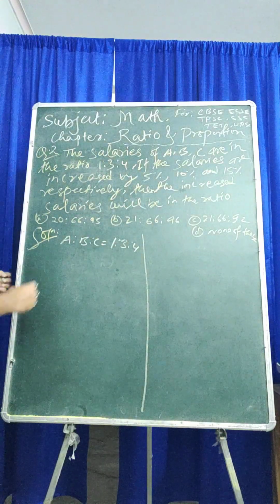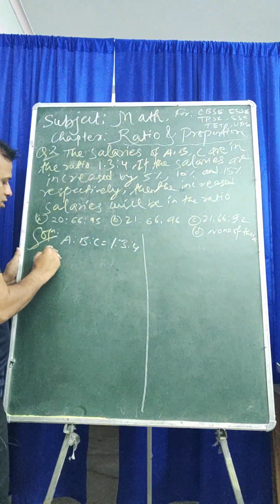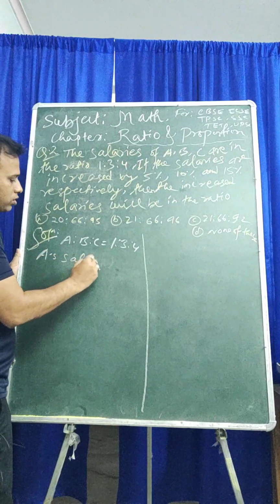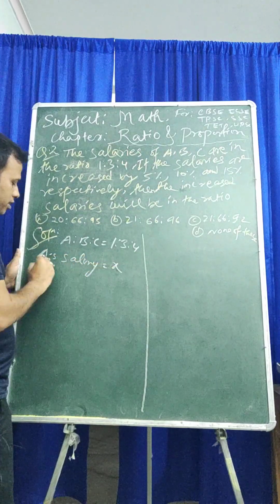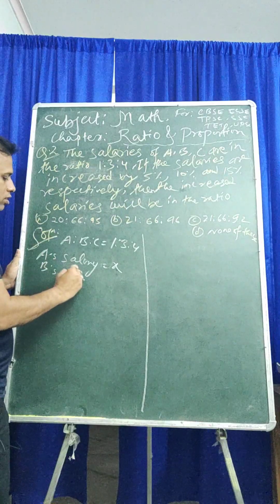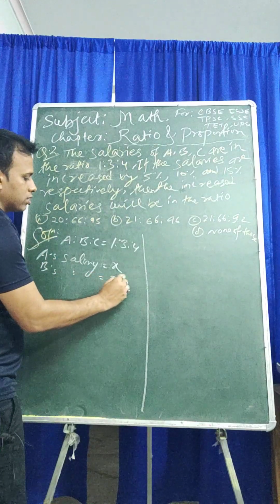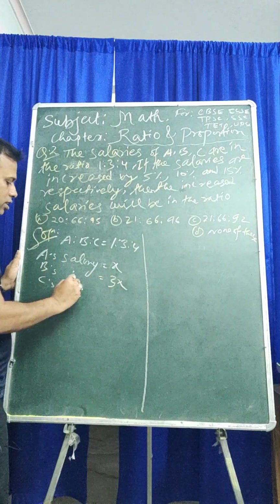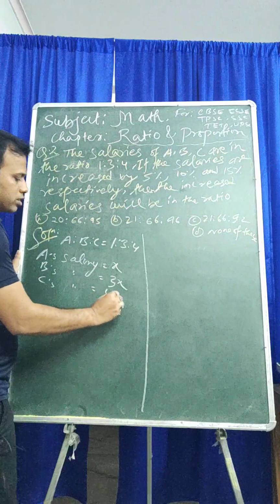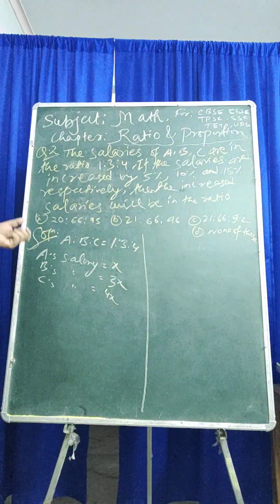As A's salary I consider x, B's salary I consider 3x, and C's salary I consider 4x. Now A's salary increases 5%.